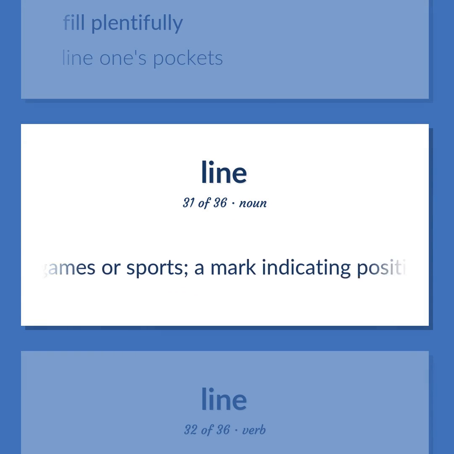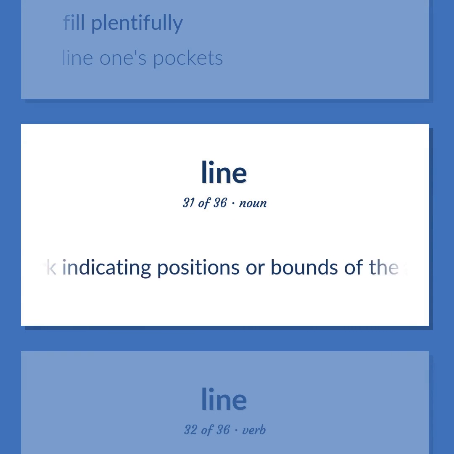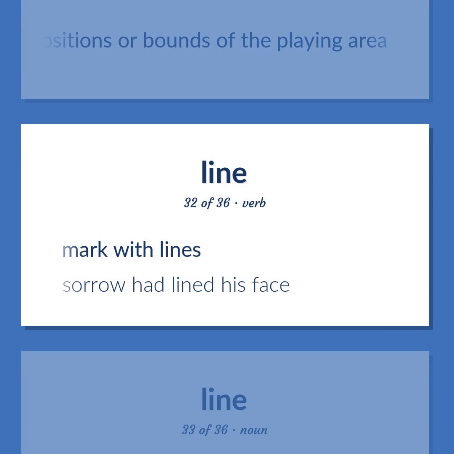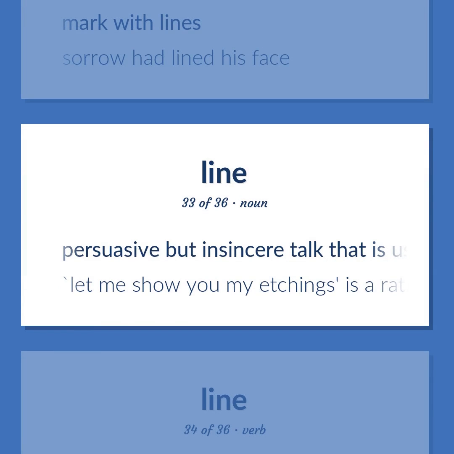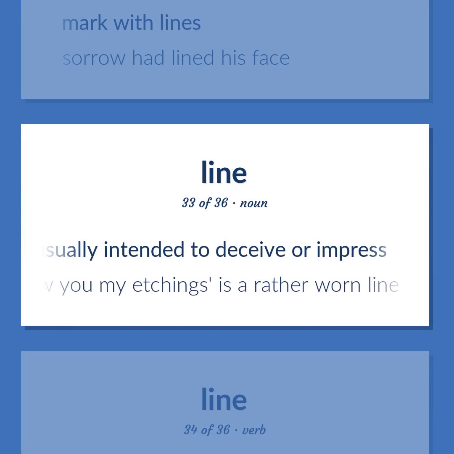In games or sports, a mark indicating positions or bounds of the playing area. Mark with lines. Sorrow had lined his face. Persuasive but insincere talk that is usually intended to deceive or impress. Let me show you my etchings, as a rather worn line.